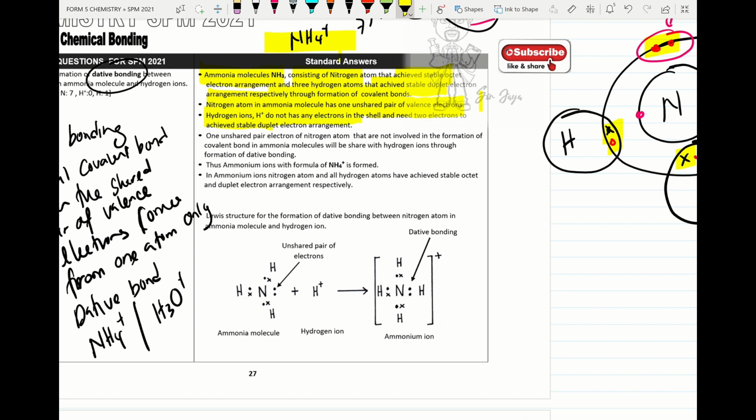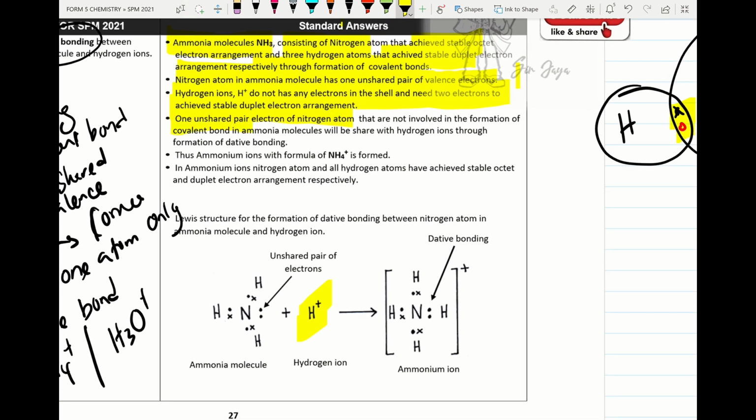The hydrogen ion does not have electrons in the shell and needs 2 more electrons to achieve a stable duplet. Thus, the unshared pair of valence electrons of the nitrogen atom that does not take part in covalent bonding in the ammonia molecule will be shared with the hydrogen ion through the formation of a dative bond. Thus, the ammonium ion with the formula NH4+ is formed. In the ammonium ion, the nitrogen atom and all hydrogen atoms have achieved stable octet and duplet electron arrangements.